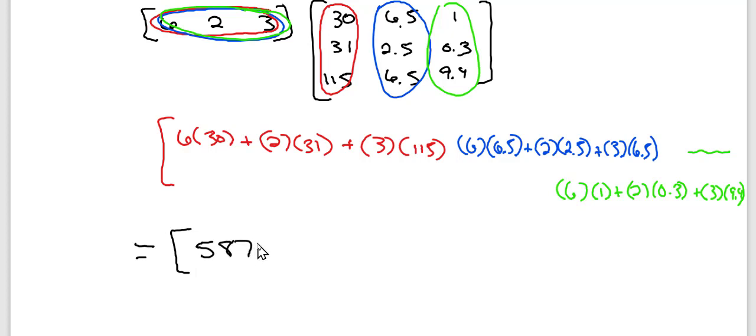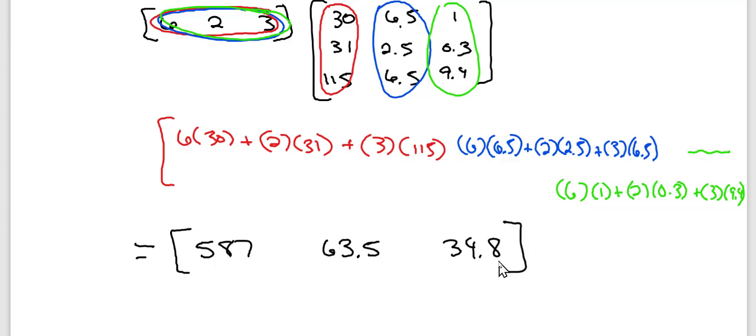Then the next one, 6 times 6.5 plus 2 times 2.5 plus 3 times 6.5 gives me 63.5. And the last one there in green, 6 plus 0.6 plus 3 times 9.4, is 34.8.